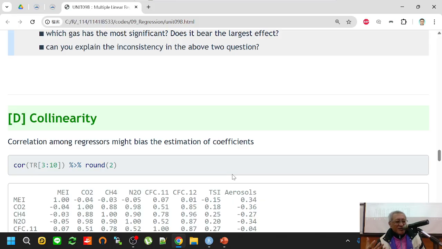A large standard error implies that the method is just not quite sure about the accuracy of that coefficient, so you need to be careful, okay?